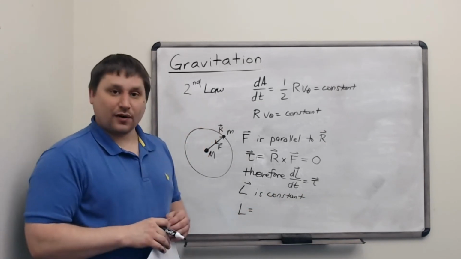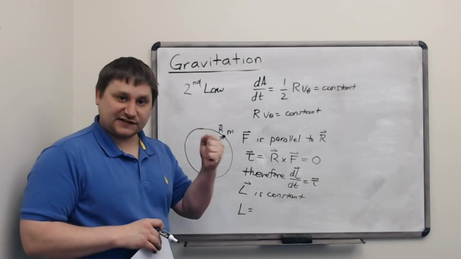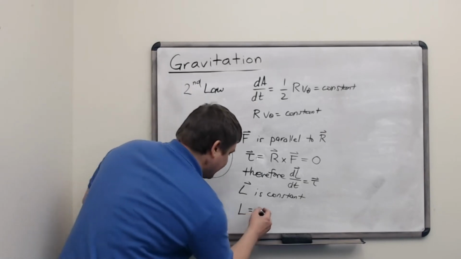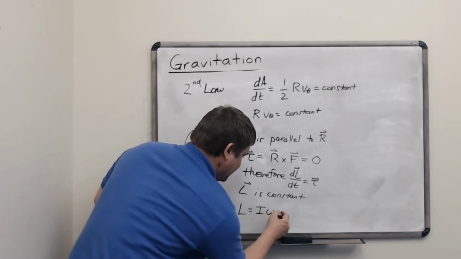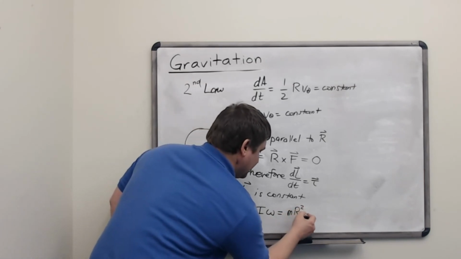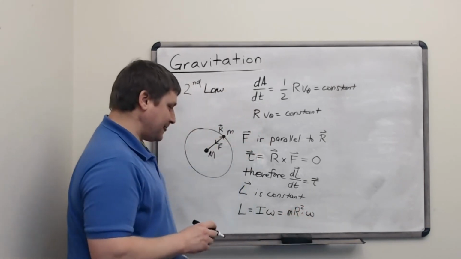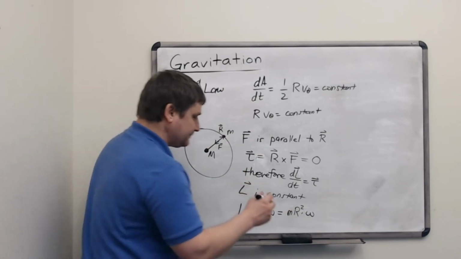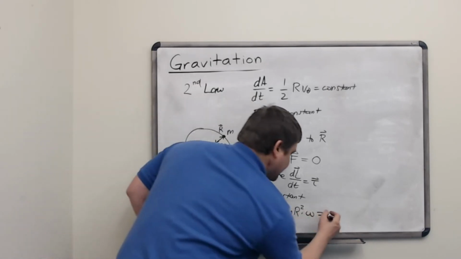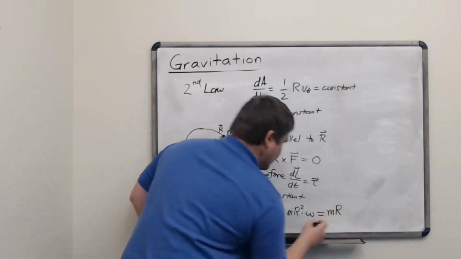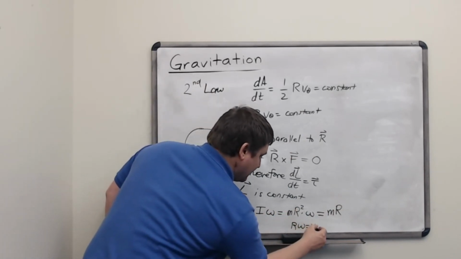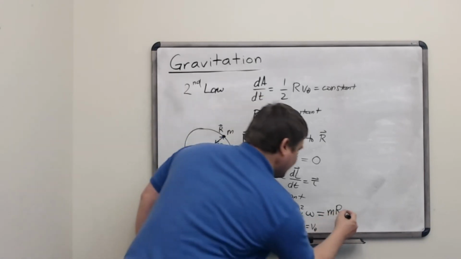And an orbiting body that's small essentially behaves as a point particle, and the angular momentum would then be given by its moment of inertia, m r squared, times its angular velocity, omega. One final transformation here is to take one of the powers of r and multiply it by omega, since r times omega gives us the tangential component of velocity.